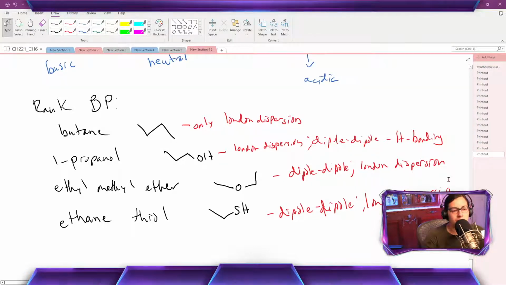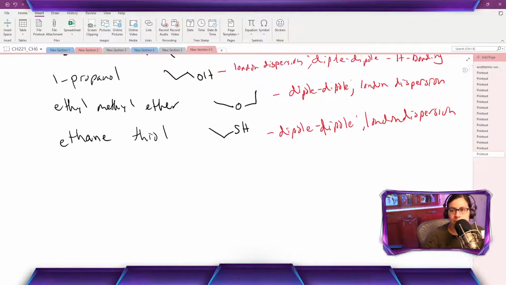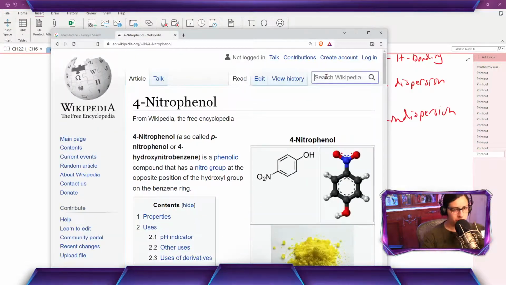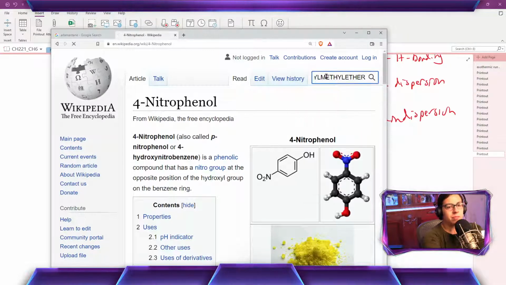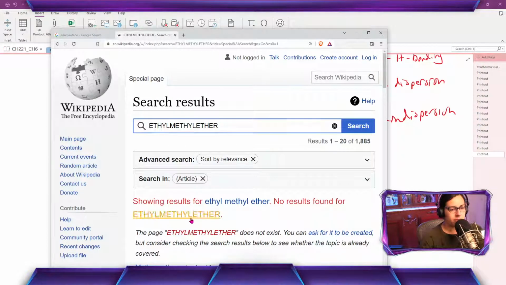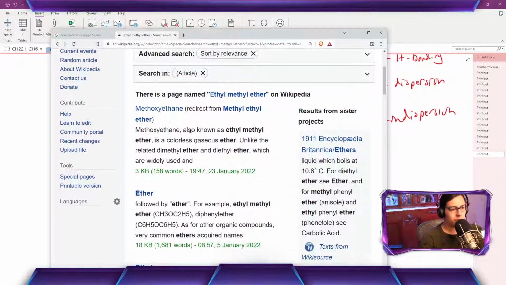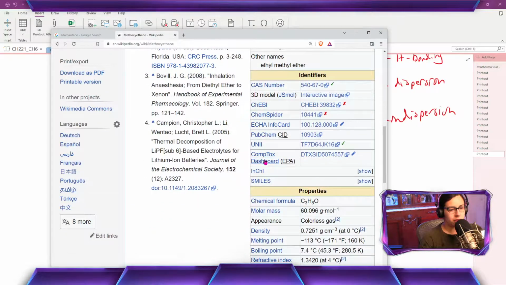So now let's look at their molecular weights. So ethyl methyl ether, let's just look it up. As long as you promise me you know how to solve these, right? We just add up all the components. Usually chemists just look it up. Yes, this is what I want.